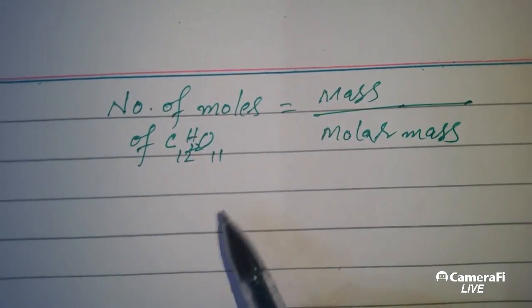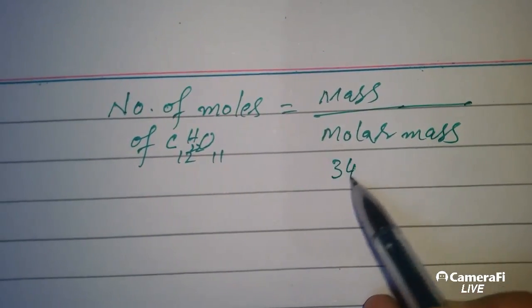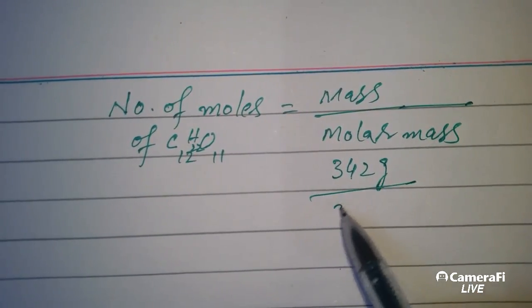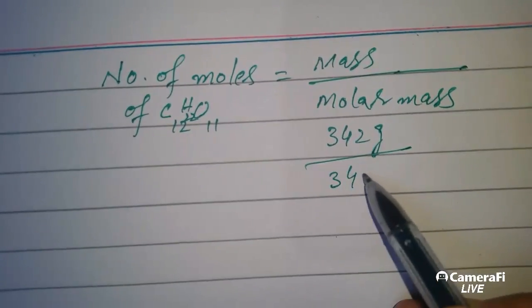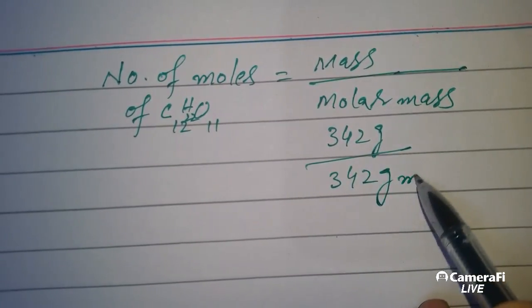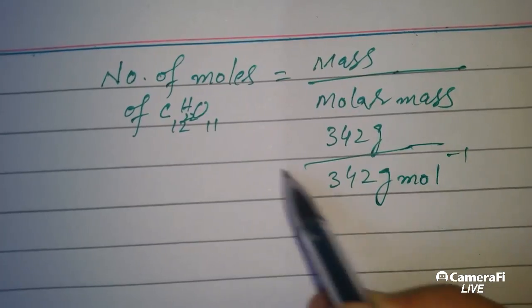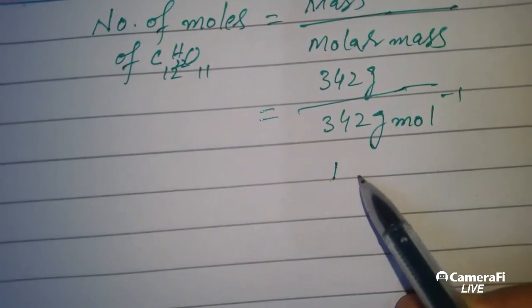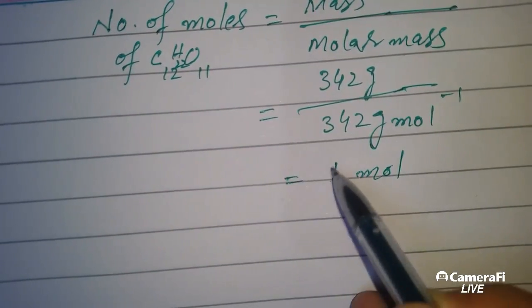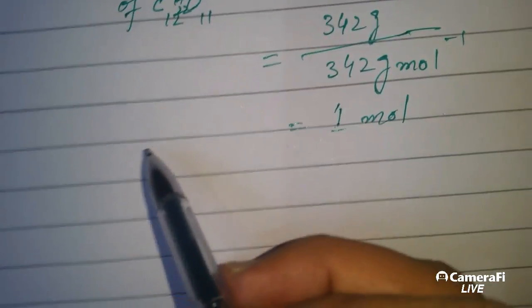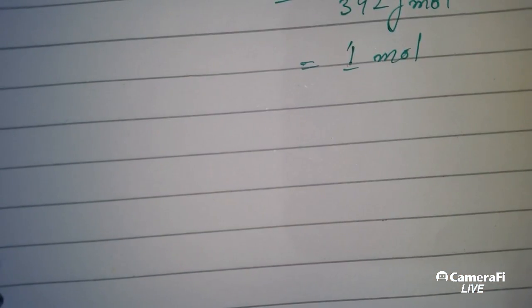It is 342 grams over 342 grams per mole, and the answer is 1 mole. So the number of moles we have found.